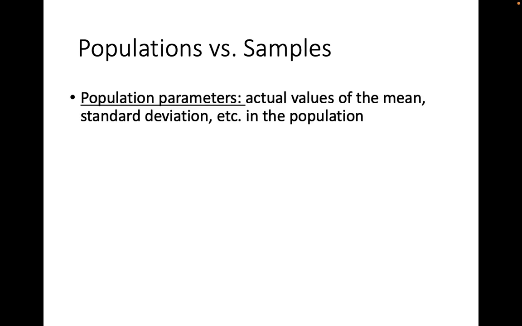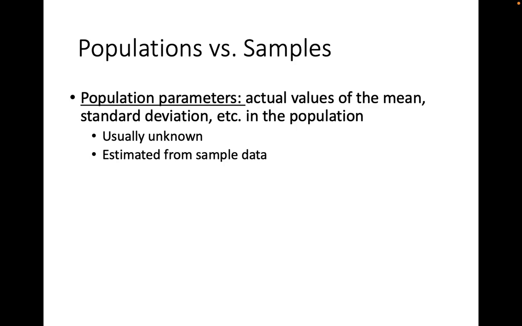Okay, to wrap up, I want to review some important terminology that has to do with numbers that come from populations versus samples. Numbers that come from populations are called parameters. So the actual values of the mean or the standard deviation in a population would be that population's parameters. Usually, population parameters are not known.